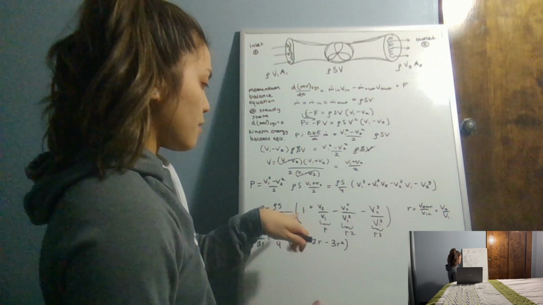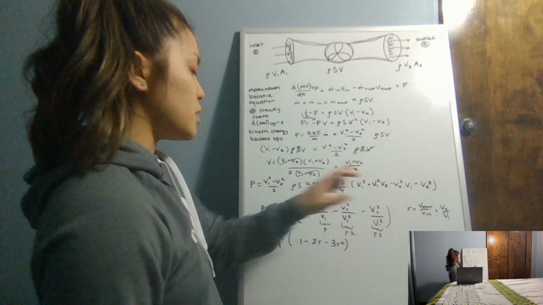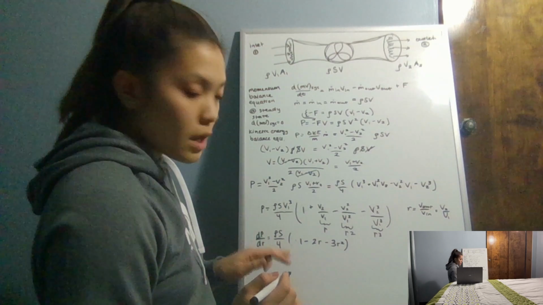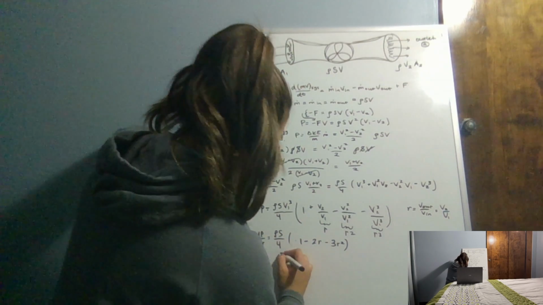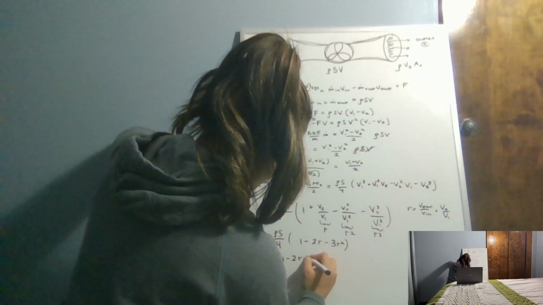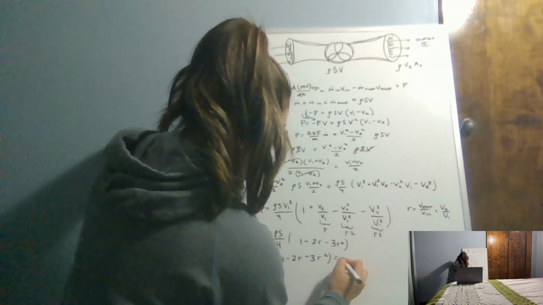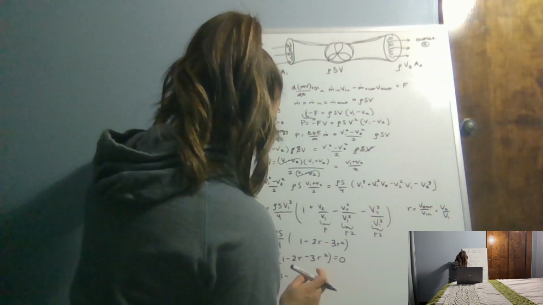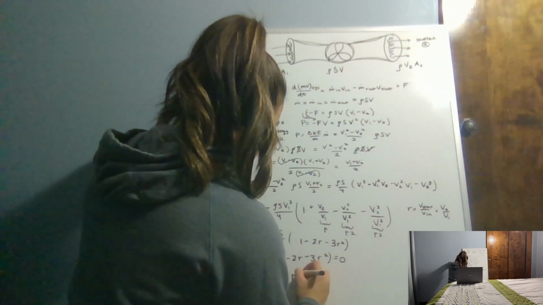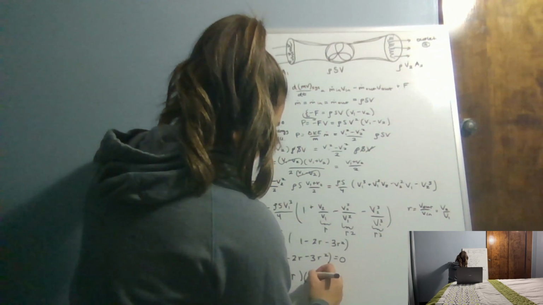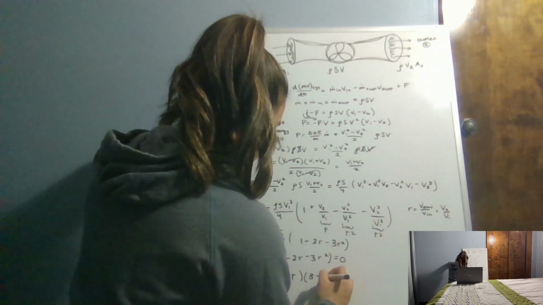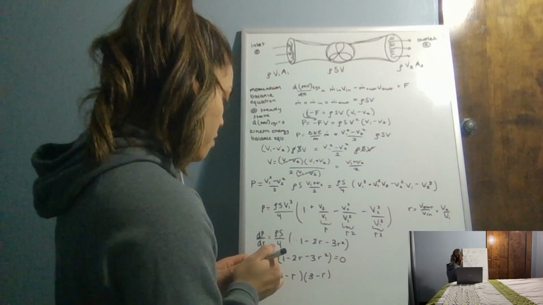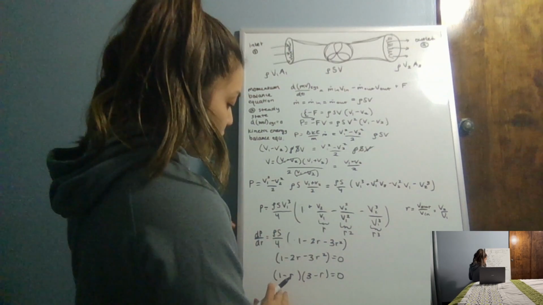And I made a mistake here. I said that we would distribute out the velocity 1 cubed. I forgot to write it up here. So velocity 1 cubed. And so now what we can do is we look at this 1 minus 2r minus 3r squared, and if we set it equal to 0 and we factor it out, I factored it wrong.